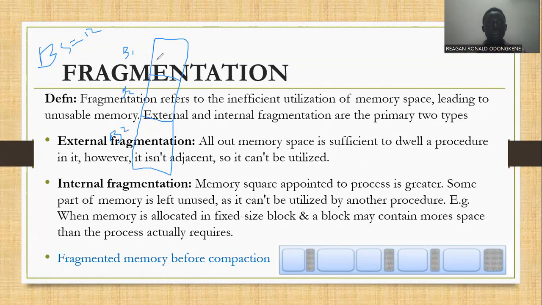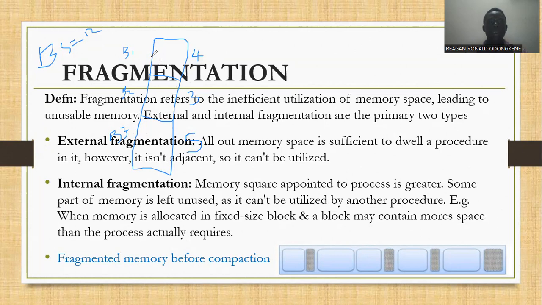B1 has been allocated a memory of 4 MBs. B2 is being allocated a memory of 3 MBs. And then B3 is being given a memory of 5 MBs.